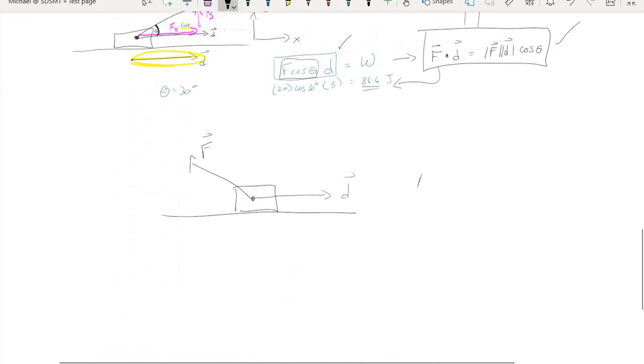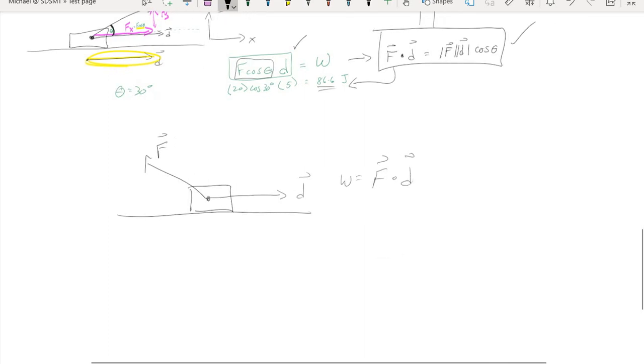And we want to evaluate this dot product. We want to see how much work this force is going to do. Okay, magnitudes and cosine of the angle between them. We'll go ahead and put in a value. We'll say that this angle difference is 120 degrees.